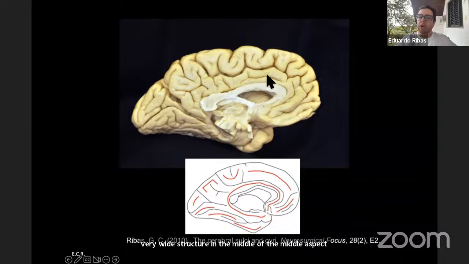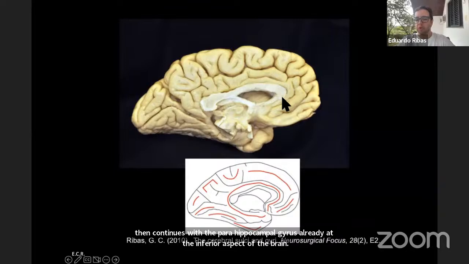Overlying the corpus callosum, we have the cingulate gyrus. The cingulate gyrus continues posteriorly with this narrowing called the isthmus of the cingulate gyrus, and then continues with the parahippocampal gyrus already at the inferior aspect of the brain. This is the cortical C of the limbic structures.